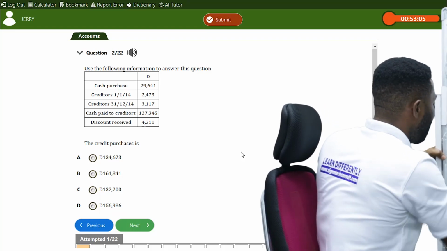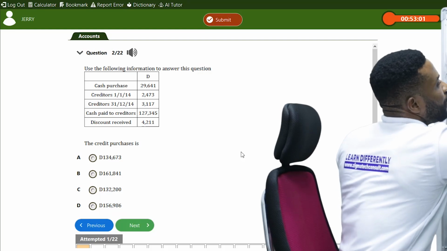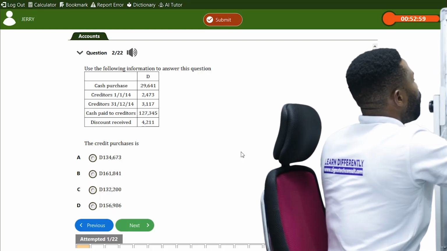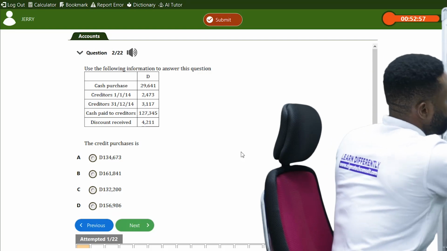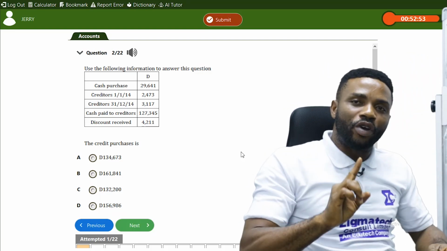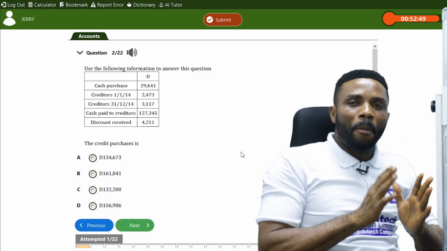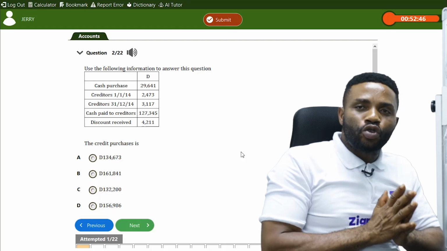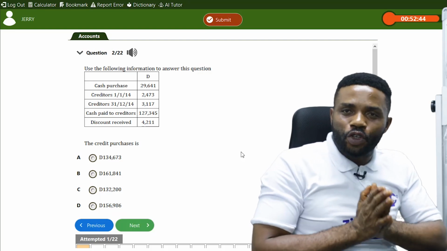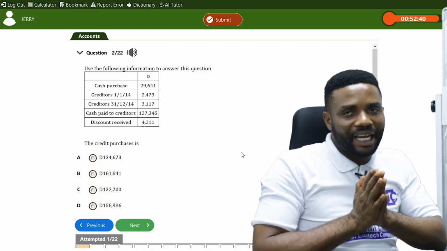This is looking like the first one, but the only difference is that in this second illustration, there is what we call cash purchase. Please, I want to encourage my students not to forget that the account we are preparing is called Purchase Ledger Control Account. It has no provision for cash purchase. Cash purchase is always in the cash book.